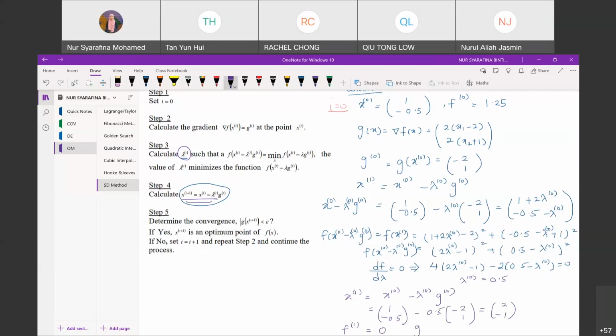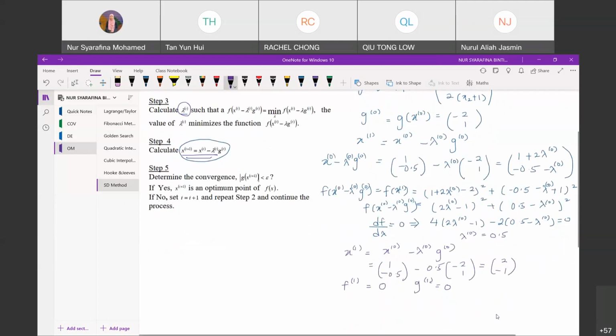And g1: substitute x1 into g(x), and it gives you 0. Now the magnitude of g1 equals 0, which is less than epsilon.